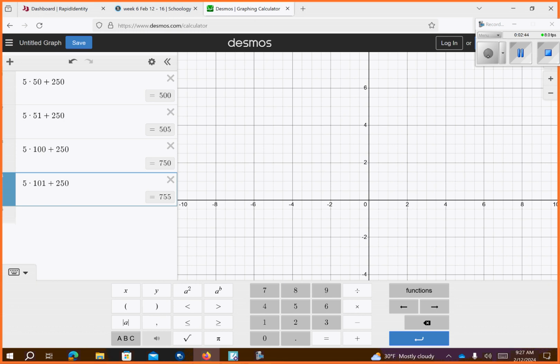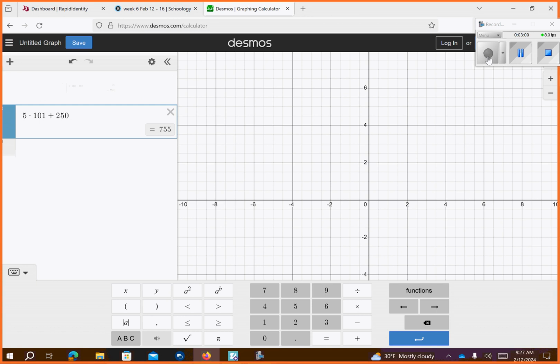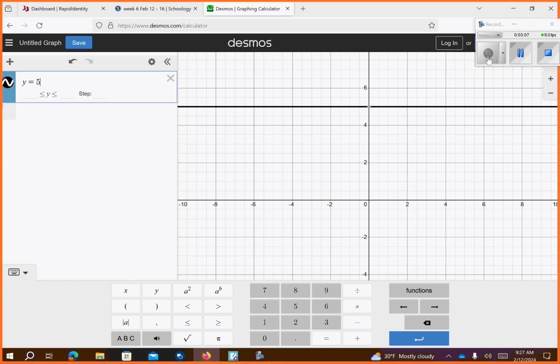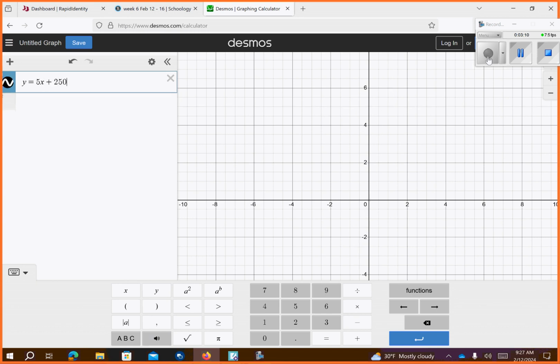All right, C(x) is the cost, 5x + 250, and R(x), the revenue, is 27x. So write a profit function. Let me get rid of these. Because we're going to have to use this: y = 5x + 250, and then y = 27x.